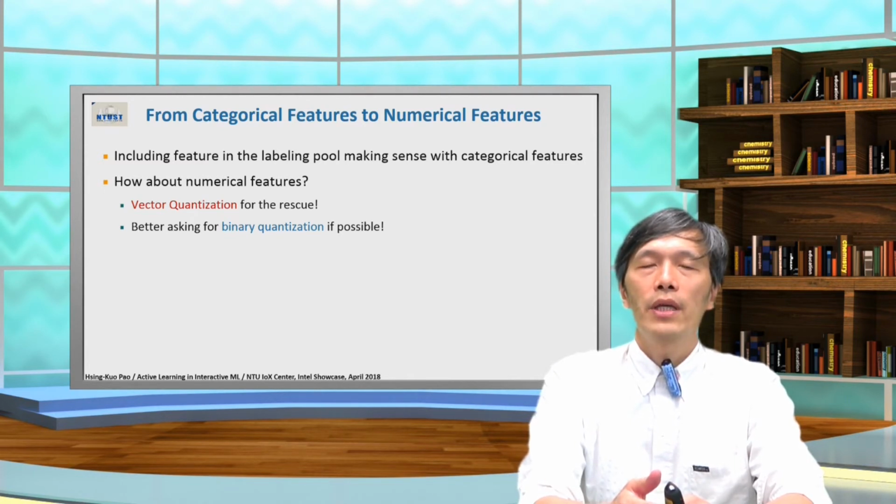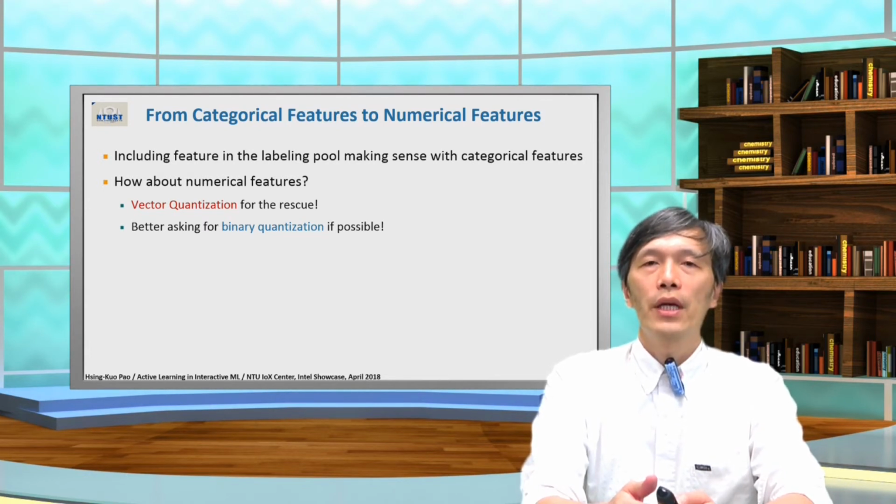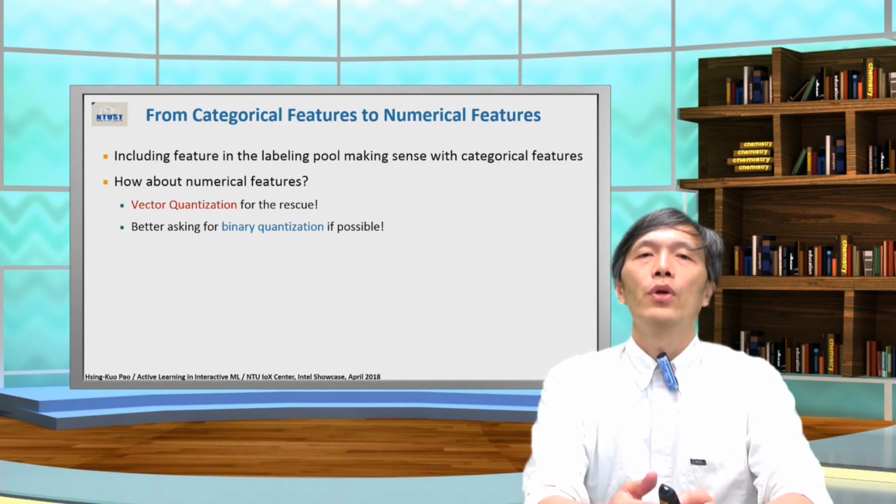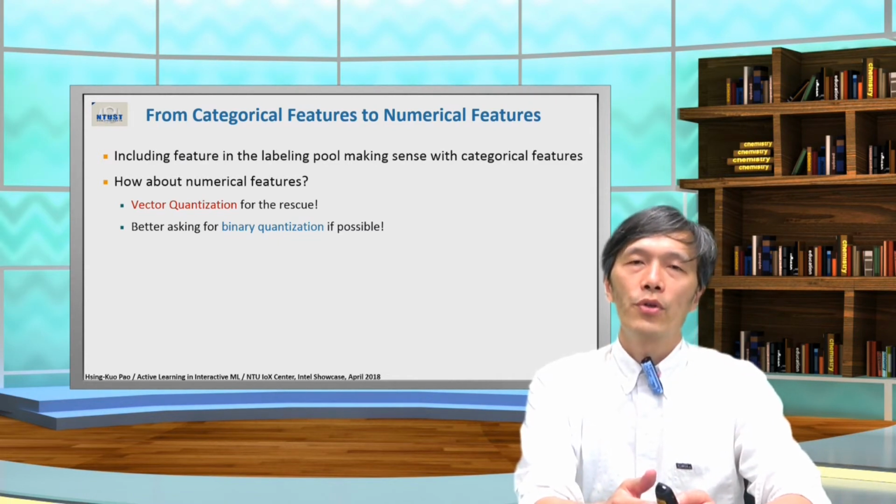But there is a tremendous amount of data that only has numerical values. So how do we deal with that? Recently we started to work on this part. For the numerical features, we will consider a transformation called vector quantization, and we can use vector quantization to transform the numerical features to categorical features.